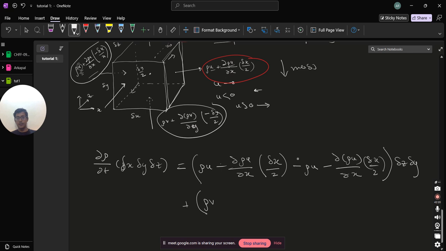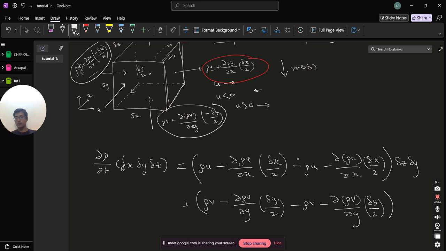It is nothing but rho v minus del rho v by del y times delta y by 2 minus rho v, and what will be the area?